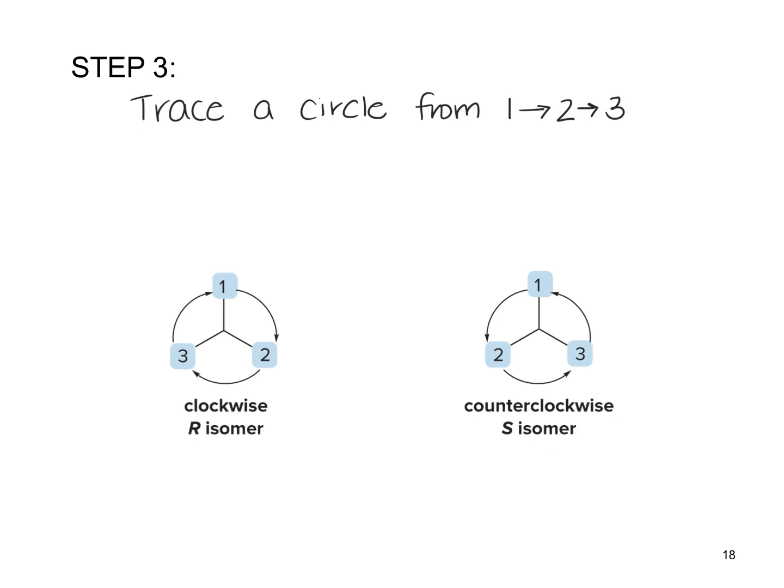The easiest way for me to remember this is you turn the steering wheel to the right in the car to turn right, okay? And so that's the R isomer there.